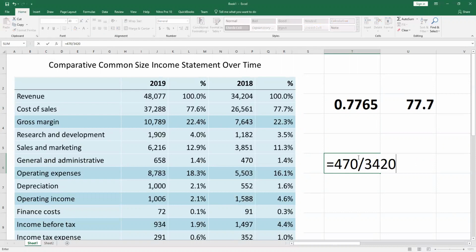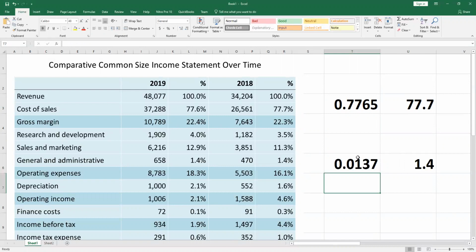Okay, this is how you do common size analysis of any income statement. Please complete this yourself, do it. And now let me explain to you how you do common size analysis over the balance sheet.